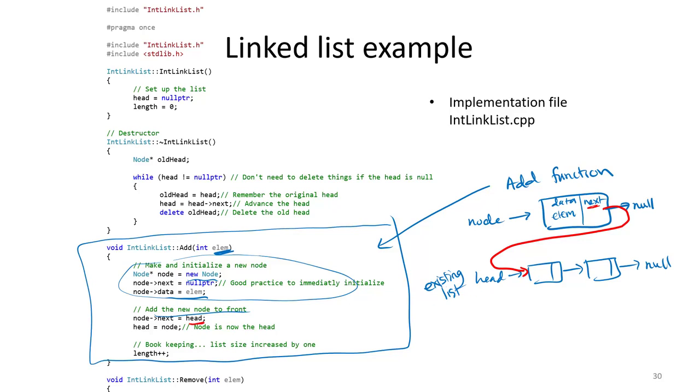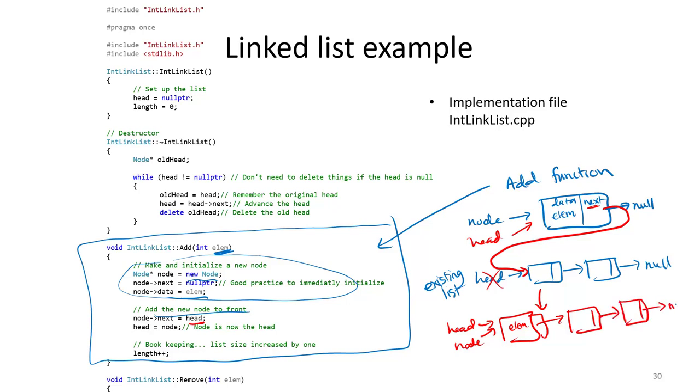And then we update our head pointer to point at the front. And so by doing this, we were able to attach that new node to the front of our list.